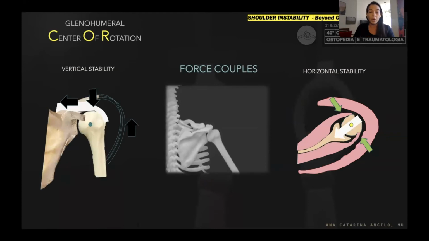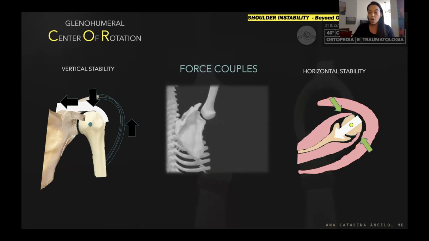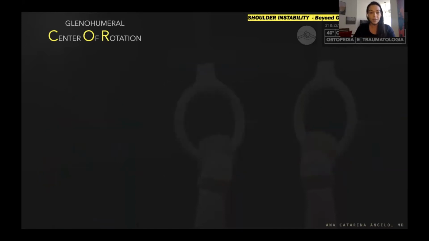What are the force couples? Basically, the force couples are the agonist-antagonist mechanism that maintains the glenohumeral center of rotation, keeping the head of the humerus centered on the glenoid. So for the shoulder to have a correct and physiological movement, the head of the humerus has to be inside this box. That's the vertical and horizontal stabilizers.